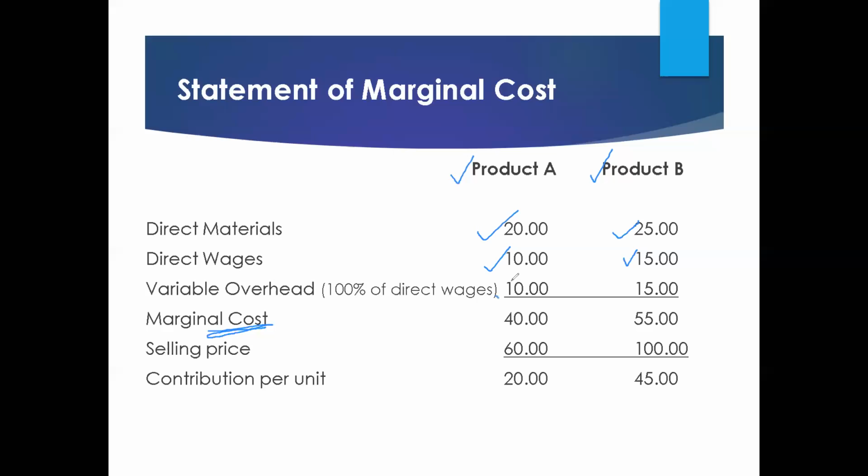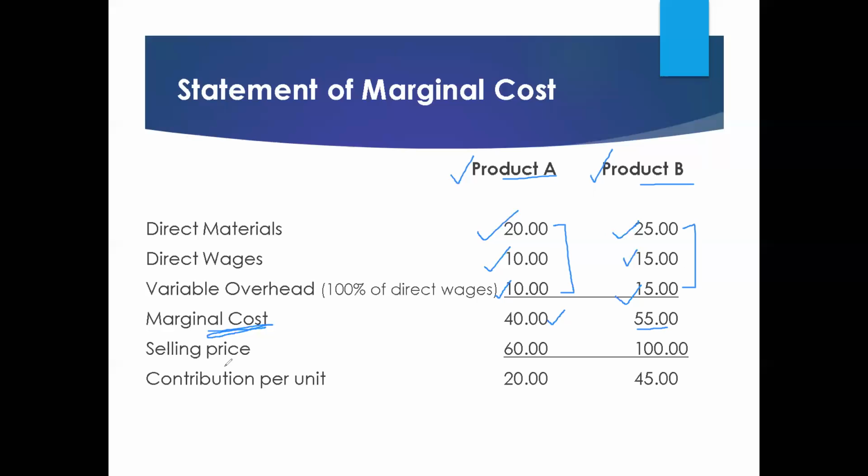That means we'll take the same value as direct wages: again 10 rupees for product A and 15 rupees for product B. So we have to total the marginal cost. 20 plus 10 plus 10 is 40 rupees, so 40 rupees is the marginal cost or variable cost for product A. Likewise, for product B, 25 plus 15 plus 15 is 55 rupees. That means the variable cost of product B is 55 rupees.